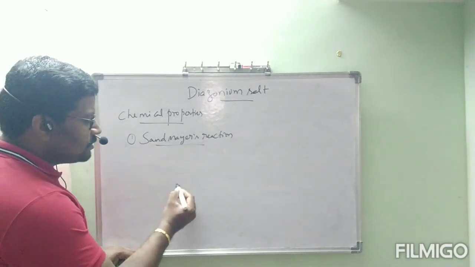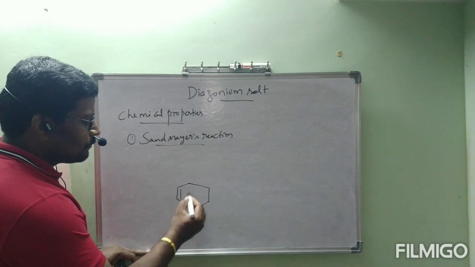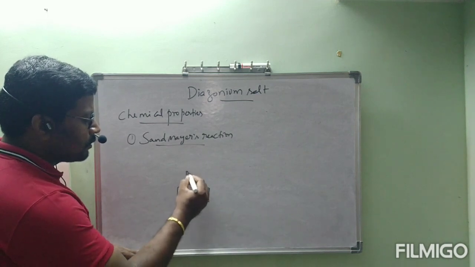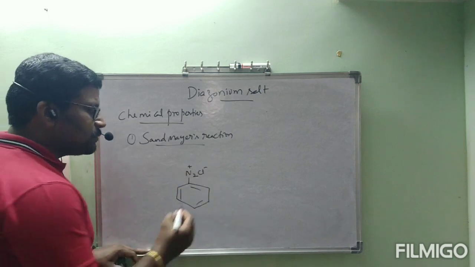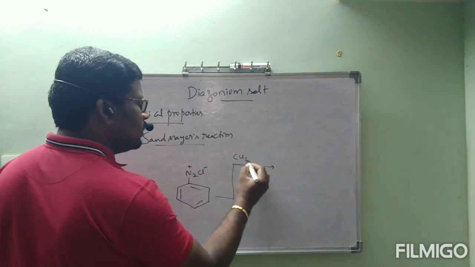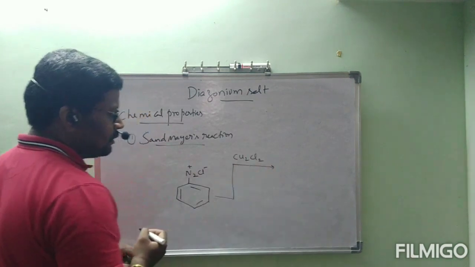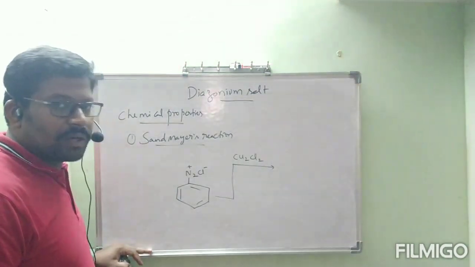Now we will start with diazonium chloride only. So we will take benzene diazonium chloride. This benzene diazonium chloride reacts with Cu2Cl2, cuprous chloride.